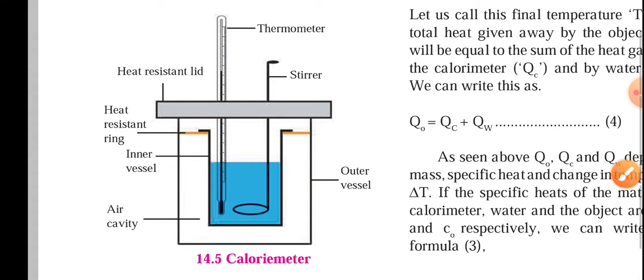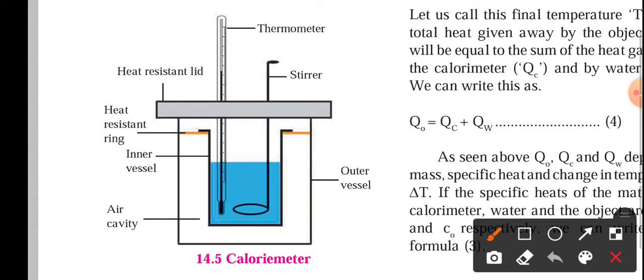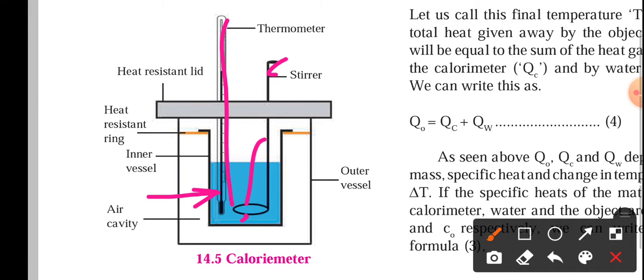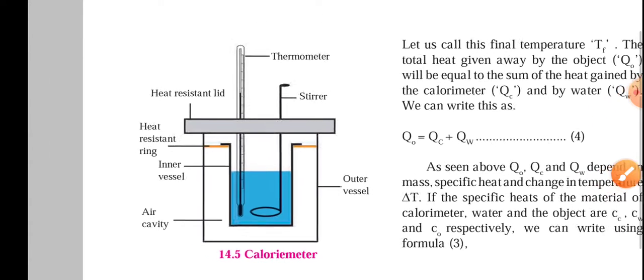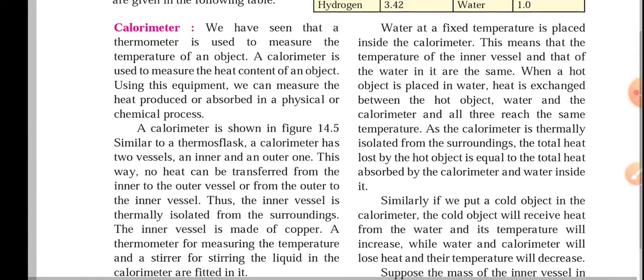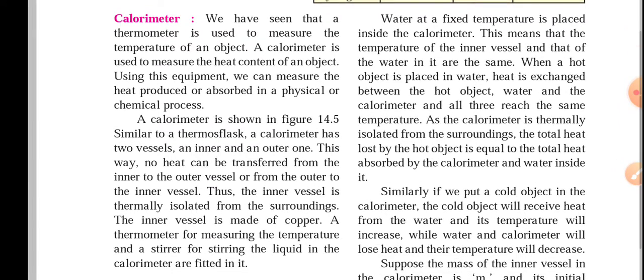We add different kinds of materials for which we want to calculate the specific heat, insert them inside, then stir and note down the change in temperature with respect to time. So that gives us the specific heat with the help of the calorimeter.